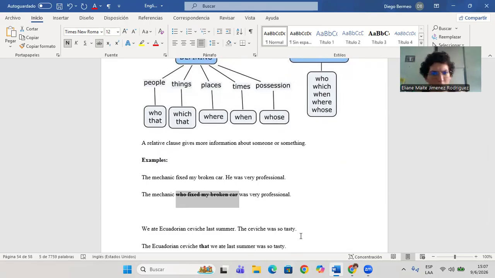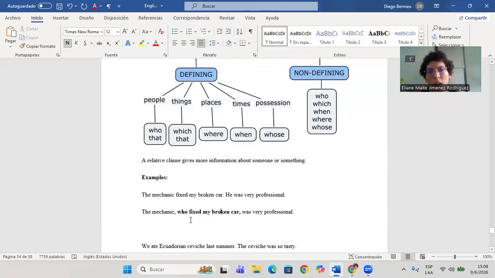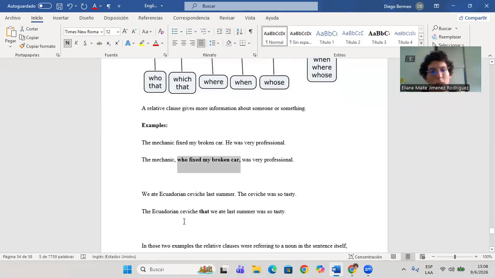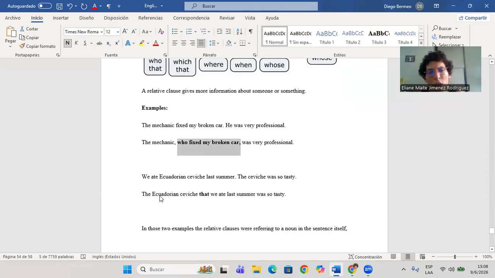Does it sound good? Does it make sense? It does make sense, right? So it means that we can apply commas. And this is a non-defining relative clause.